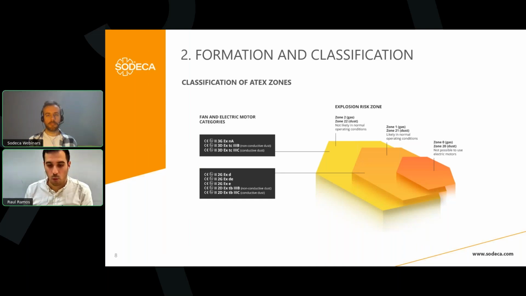Then the following zone is the zone 1, where we have a probable hazard or it's likely in normal operating conditions. And then you have the zone 2, or 22 for dust, which is where you have a caution risk and it's not likely in normal operating conditions.